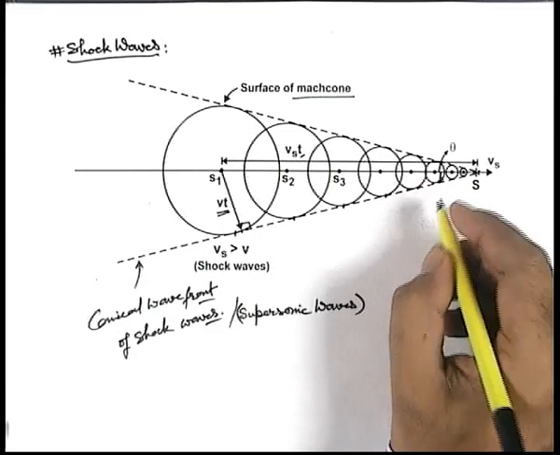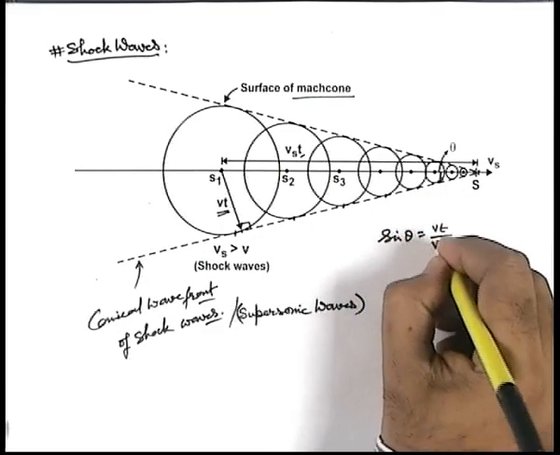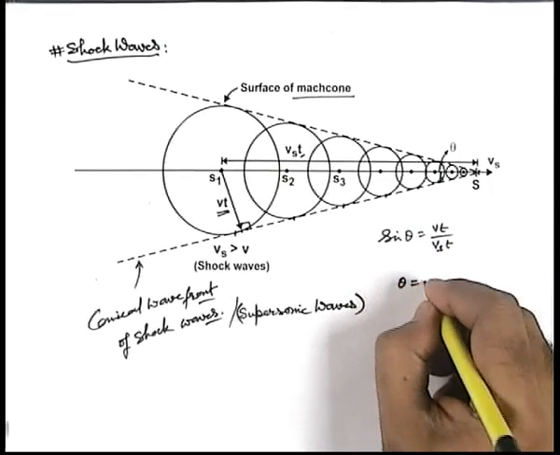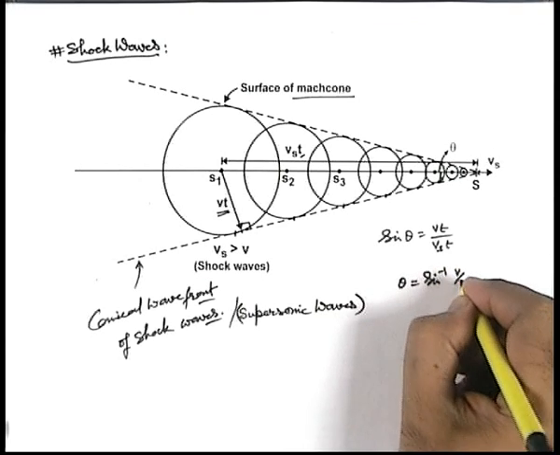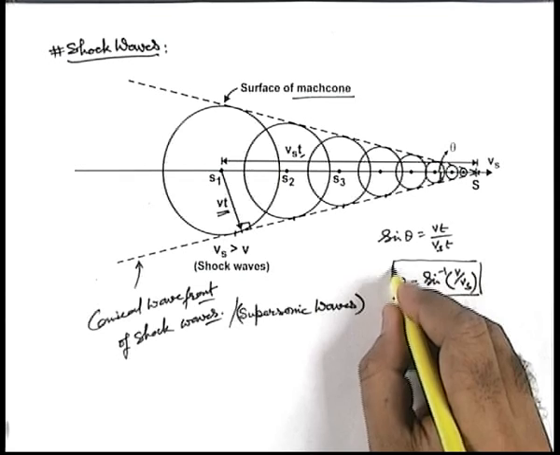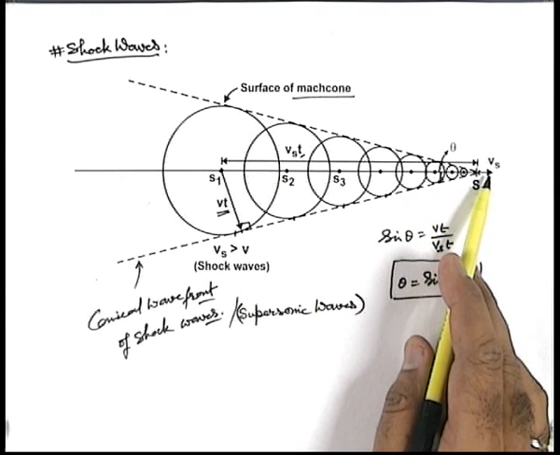Here we can write sine theta equals vt by vst. In this situation, we can write theta as sine inverse of v over vs. This is the angle made by the conical wavefront of shock waves with the direction of motion of source.